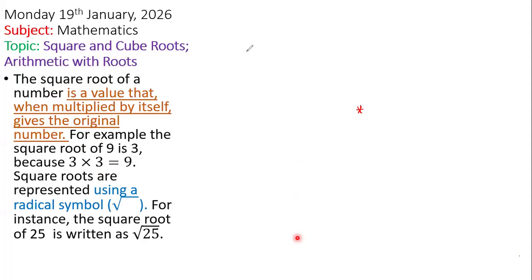For example, what is the square root of 9? It would be 3. Why? Because 3 times 3 is 9. So the square root of 9 is 3.